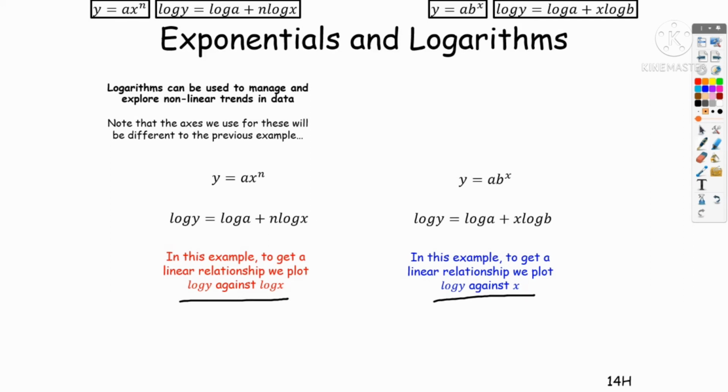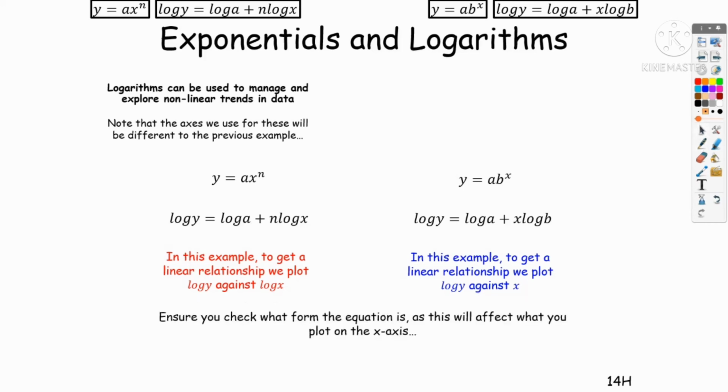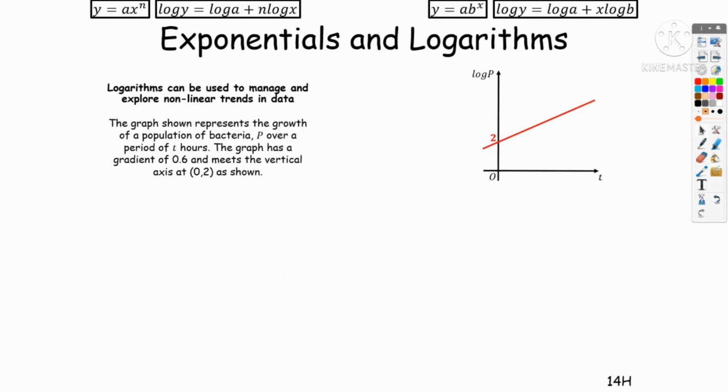We're putting it against the x. You'll see why in a minute. Ensure you check what form the equation is, as this will affect what you plot on your x-axis.